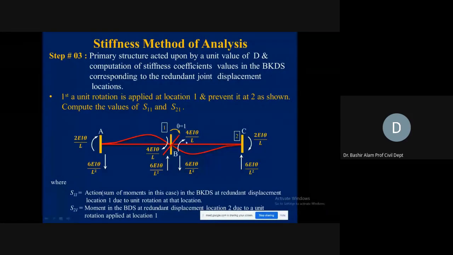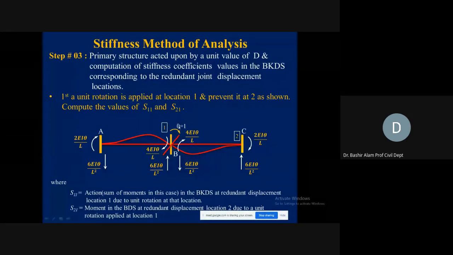Whatever member actions we find out will become our S11, and here it will become S at 2 due to 1. So this will become S21. Now what will be the S11 value? At this joint, where we have coordinate 1, the corresponding actions to the displacement. What was the displacement? The unknown displacement was the rotation.